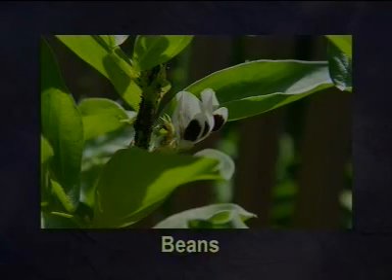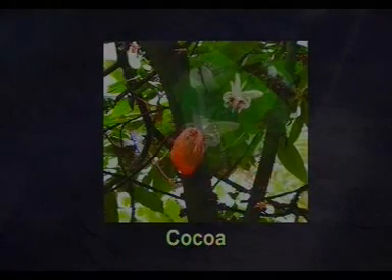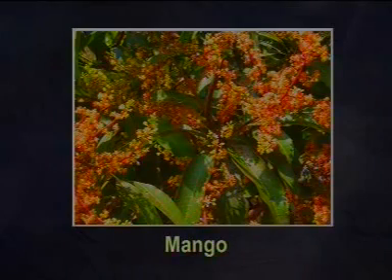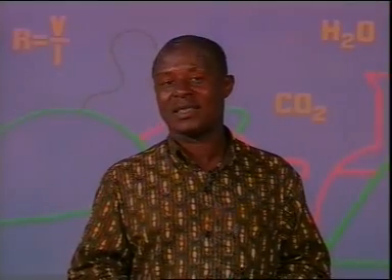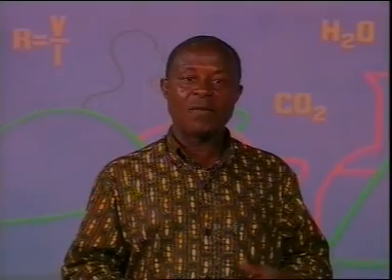That is also correct. Yes? Cocoa. Nice. Mango. Well done. Very good. These are very good examples of flowering plants. We shall be looking at the flowery parts of plants and find out how these flowering plants reproduce.